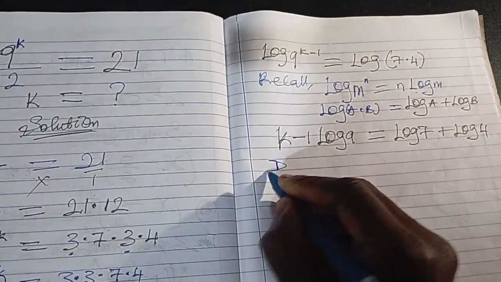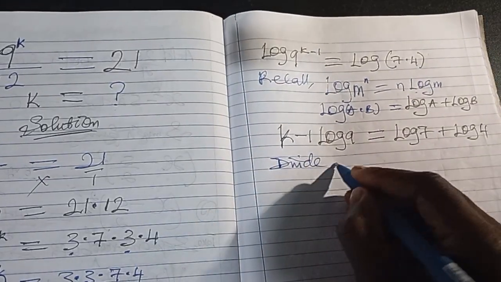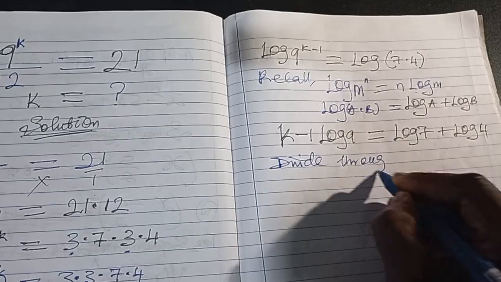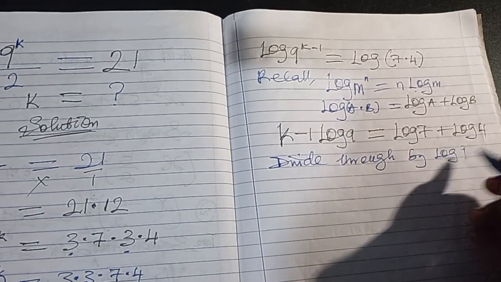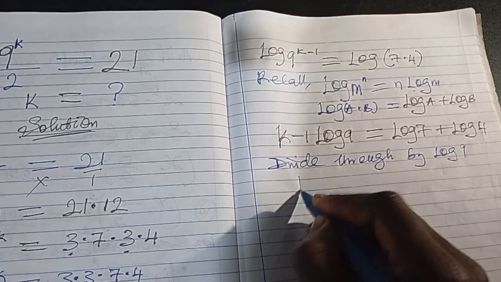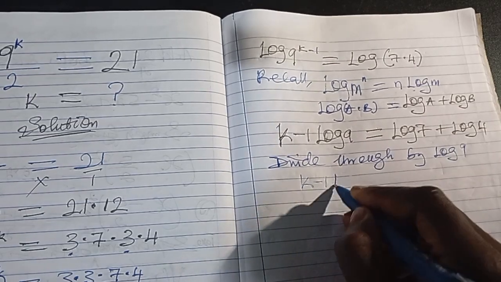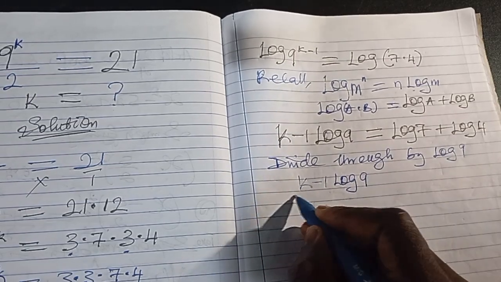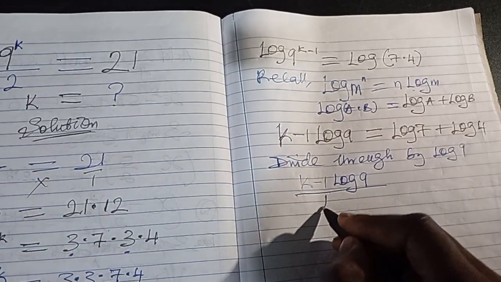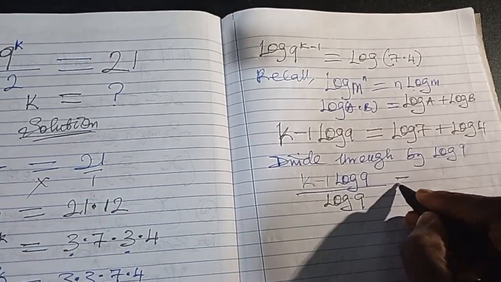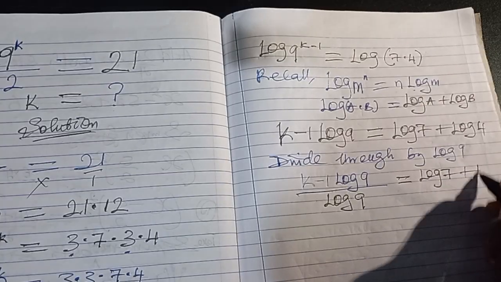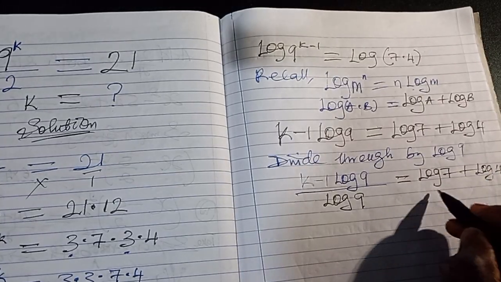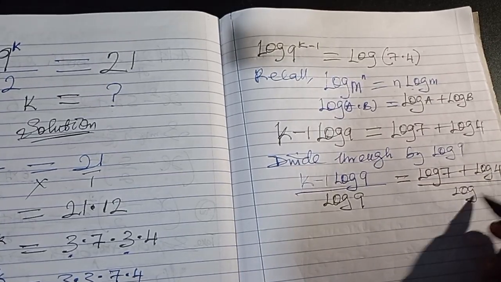So divide through by log 9. I will now have k minus 1 log 9 divided by log 9 is equal to log 7 plus log 4 all divided by log 9.